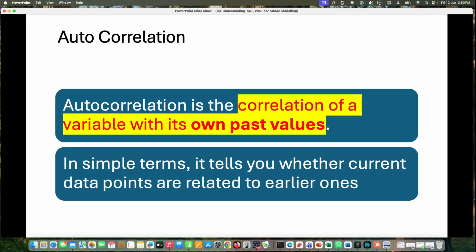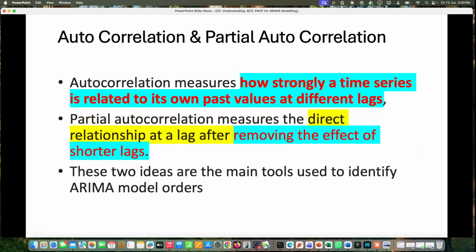If the correlation is 0.9, that means today's value has a direct relationship of 0.90 with the past value. So we can see the strength of the effect, whether it is negative, positive or 0. Autocorrelation measures how strongly the time series is related to its own past, and as we all know, a time series is time-stamped data. Partial autocorrelation measures the direct relationship.